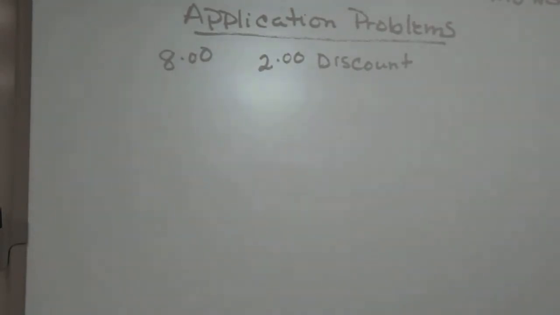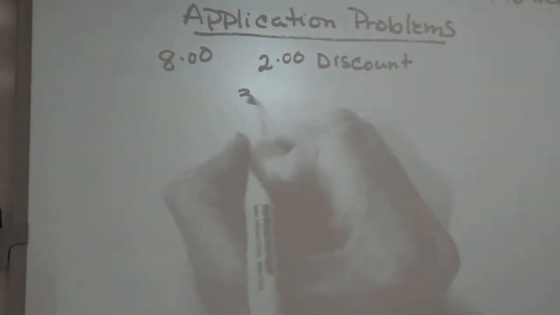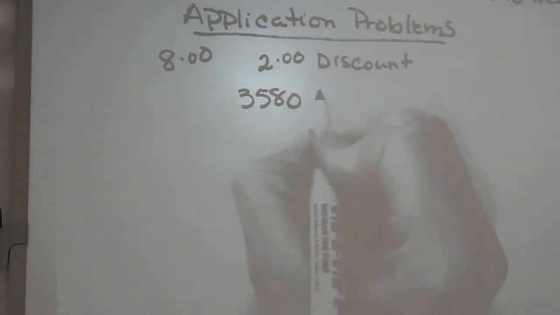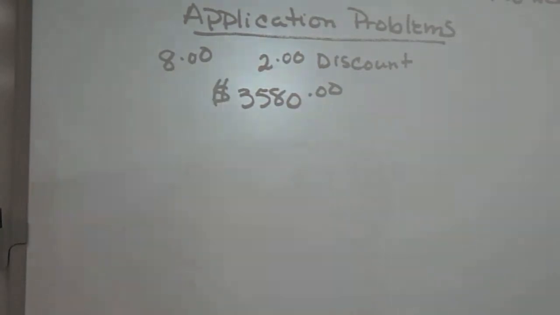The Alvin Theater took in $3,580 opening night, let's say.